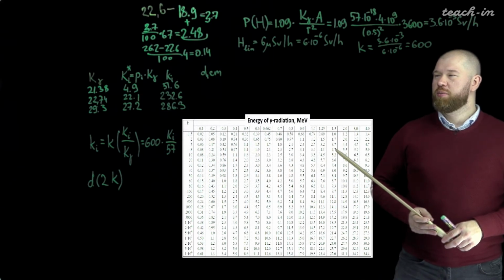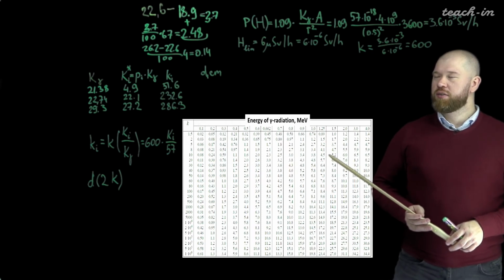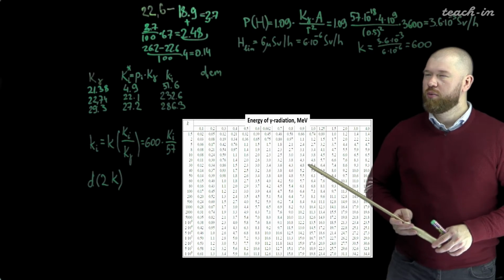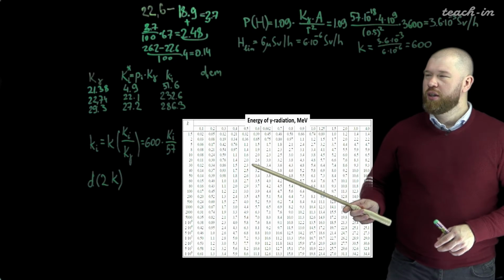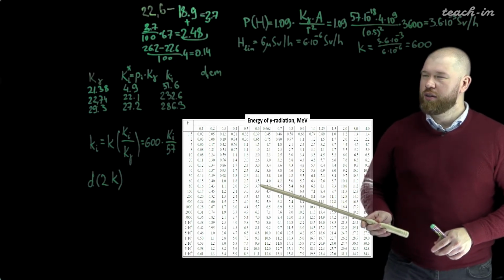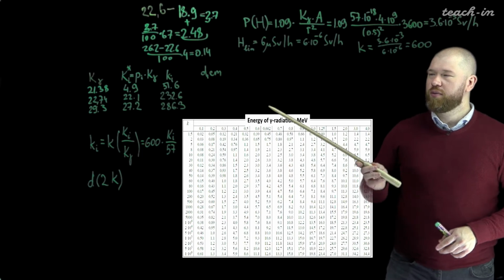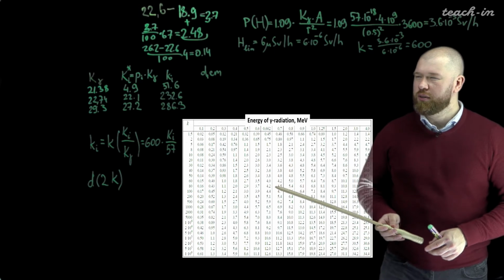So in the first case the energy is 567 kiloelectron volts, so it will be between these two numbers, and we have to find this number for the K value of not 51, but let's take 100.